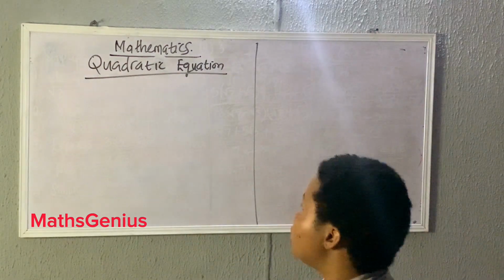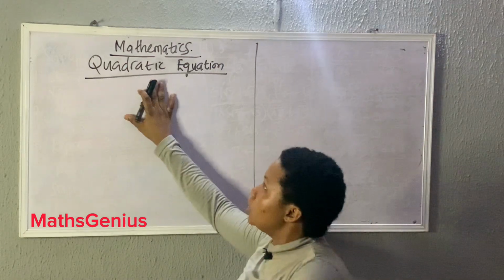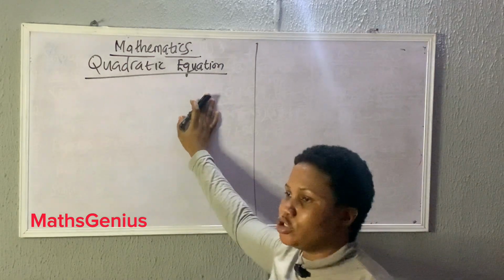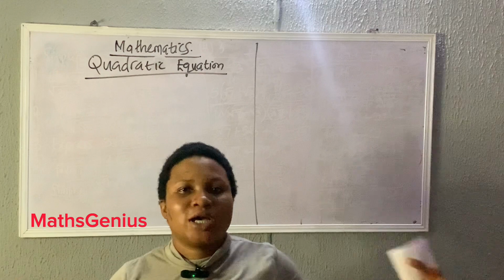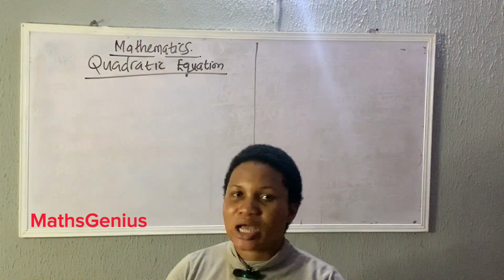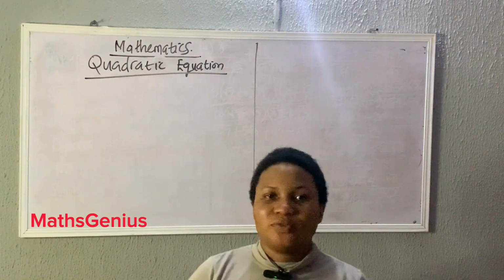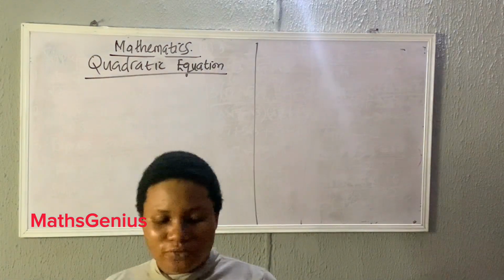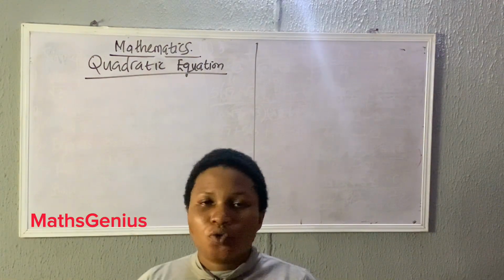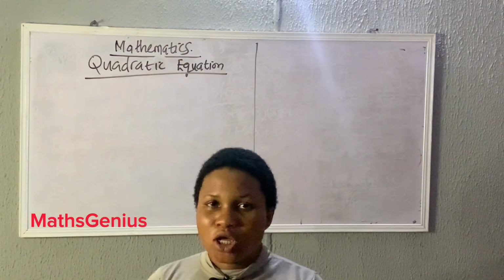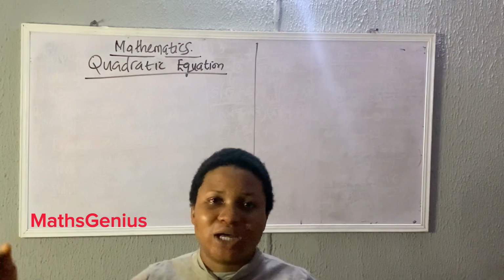Now we are moving properly to the topic of today, quadratic equation. Under equation, we have different types of equation. We have the linear equation, we have the quadratic equation, we have the polynomials, and another polynomial, we have the cubic and others.